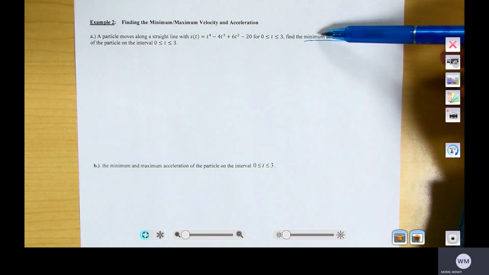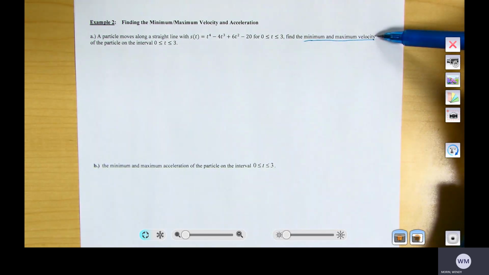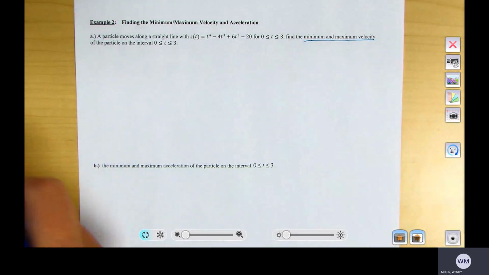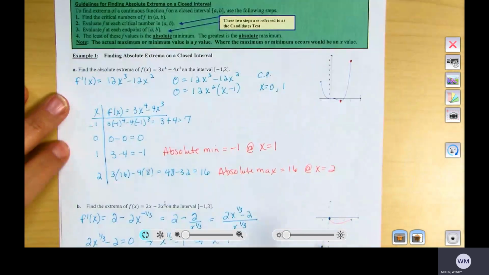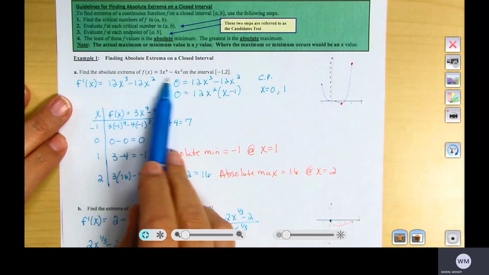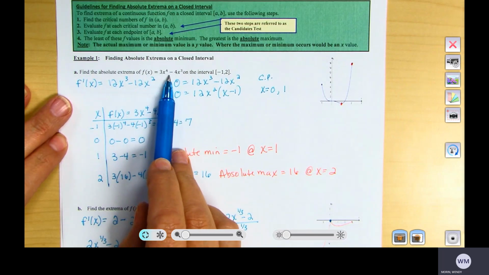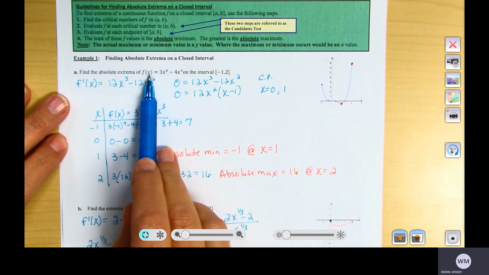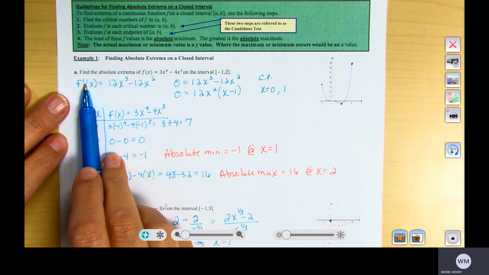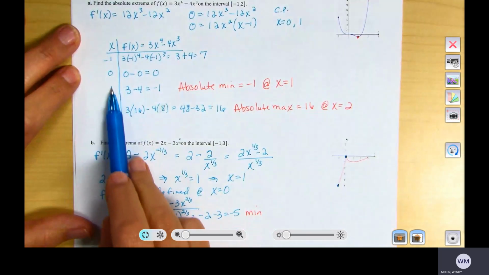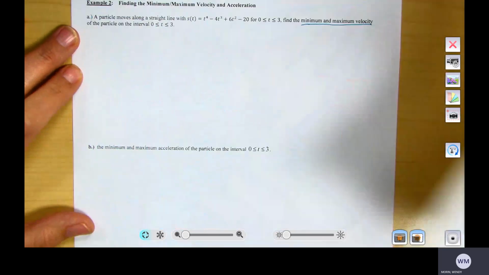If you are trying to minimize or maximize velocity, let's go back to this previous page. We were trying to find the absolute min and max of f of x. So we used the first derivative to find our critical values. So think about this one.